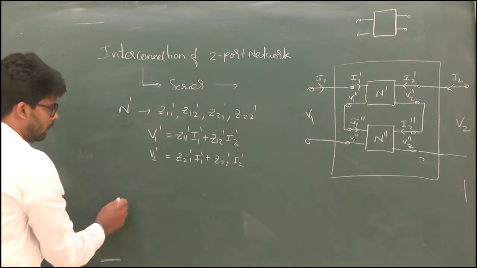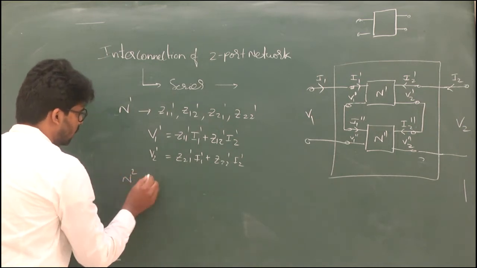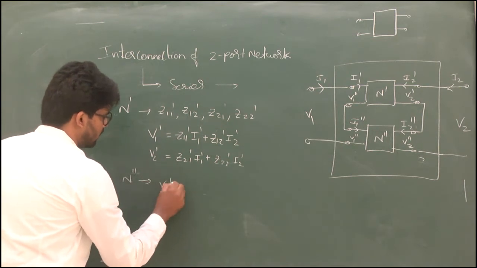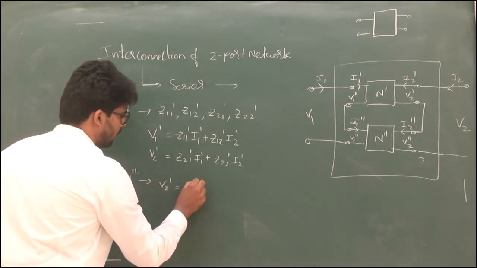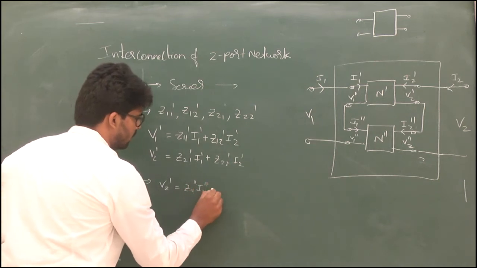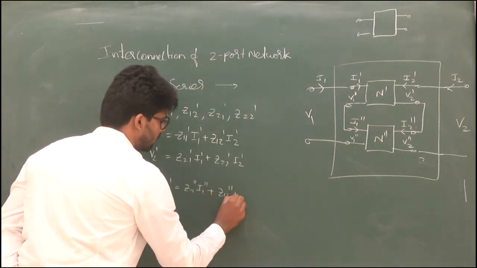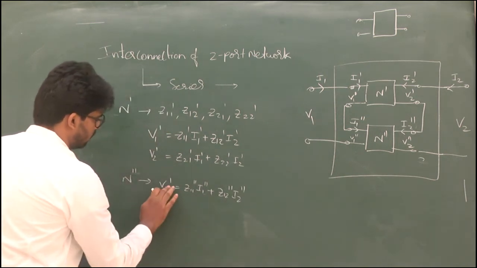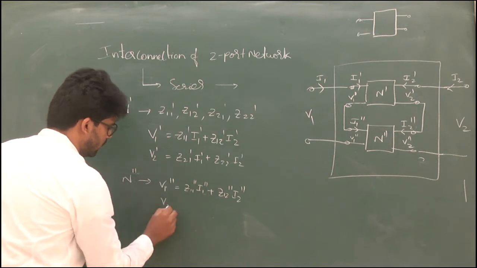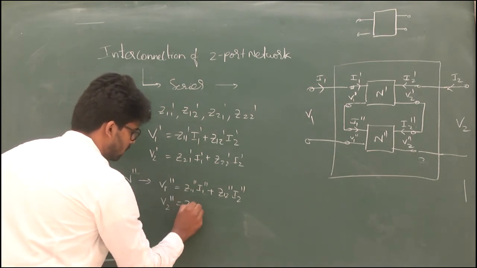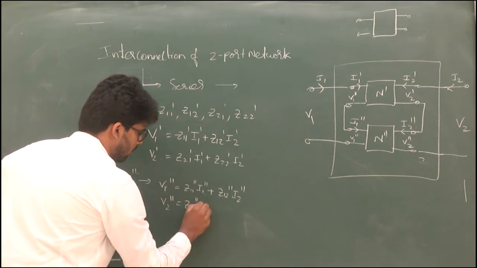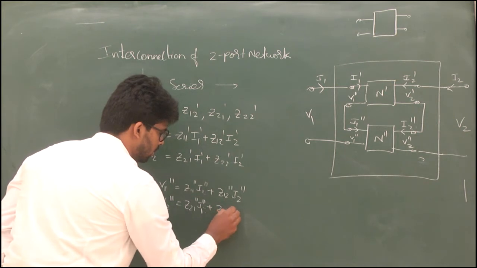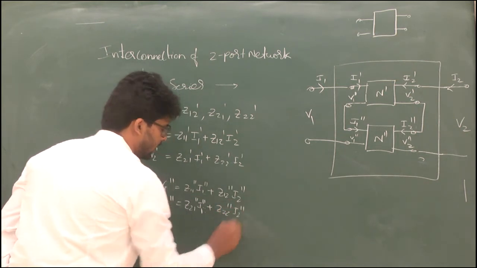Now for the second network, we have Z parameters as V1 double dash equal to Z11 double dash I1 double dash plus Z12 double dash I2 double dash, and V2 double dash equal to Z21 double dash I1 double dash plus Z22 double dash I2 double dash.